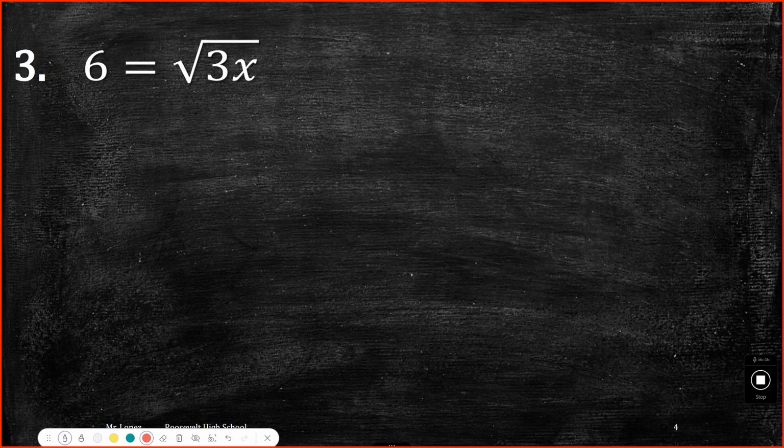We're going to hold it and square it, both sides. On the left side is going to be 36 equals what? 3x. 36 equals 3x. Then we do what? Divide both sides by 3 and we get x equal to what? 12.